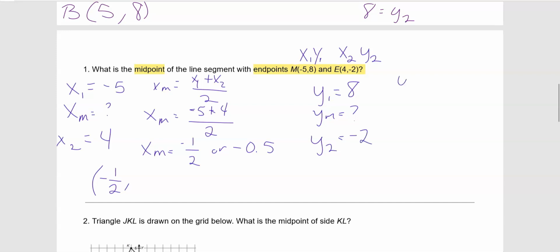All right, so y of the midpoint is going to equal y1, which is 8, plus y2, which is -2, divided by 2. 8 plus -2 is 6 over 2. So y of the midpoint is 3, and our midpoint is -1/2, 3.